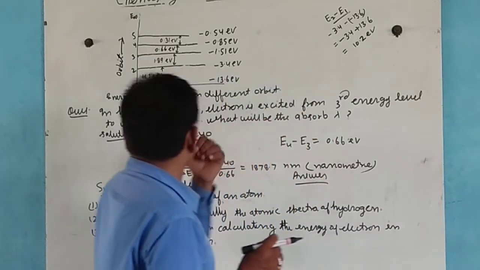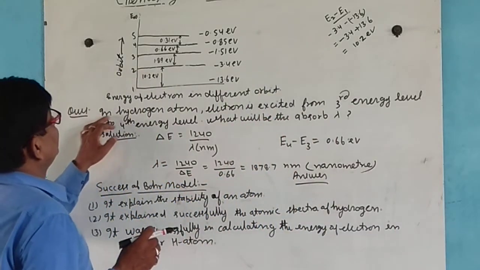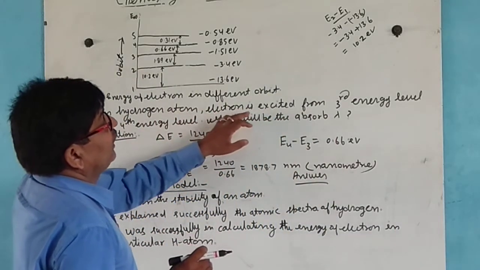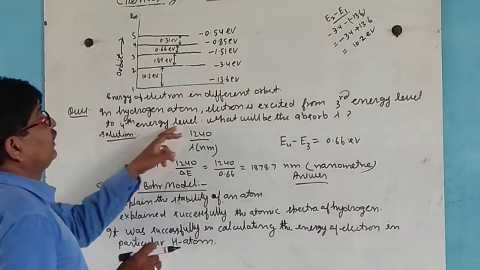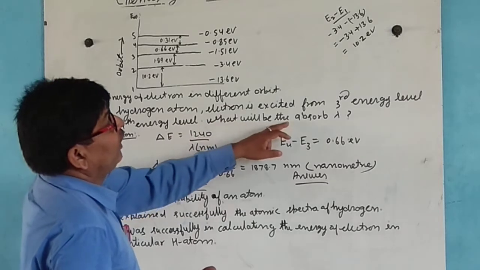Now here is one problem. In a hydrogen atom, an electron is excited from the 3 energy level to the 4 energy level. What will be the observed lambda?